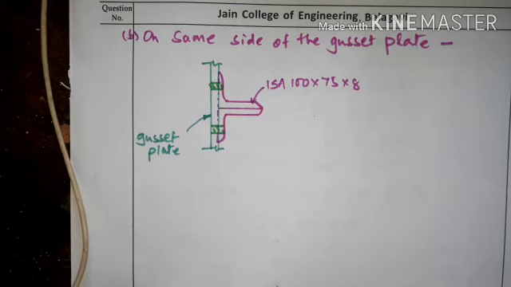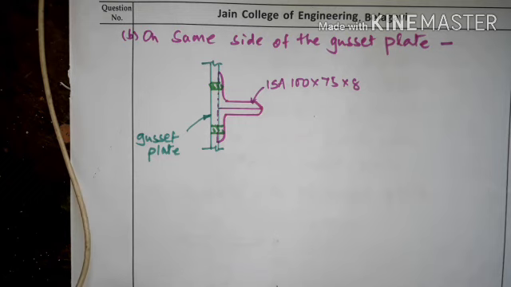So here it is again as per the IS 800 clause. When it is connected on the same side of the gusset plate, it is again loaded through one leg.